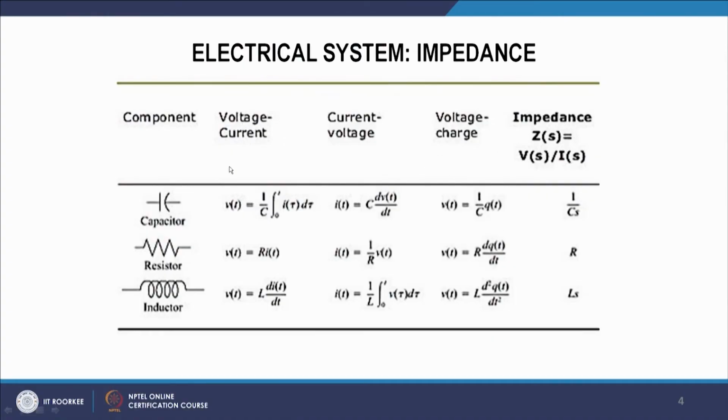Voltage-current relationship for these three elements, capacitor, resistor and inductor, current-voltage relationship, and then voltage-charge relationship, and then impedance. So impedance is Vs upon Is. For capacitor it is 1 by Cs, for resistor it is R, and for inductor it is Ls.